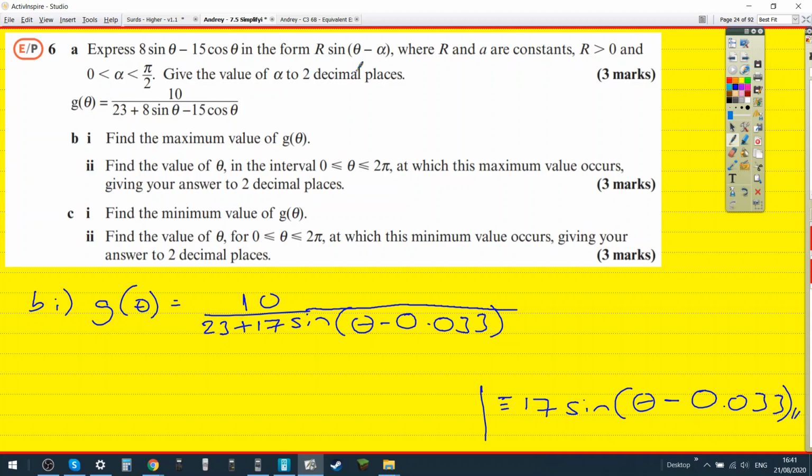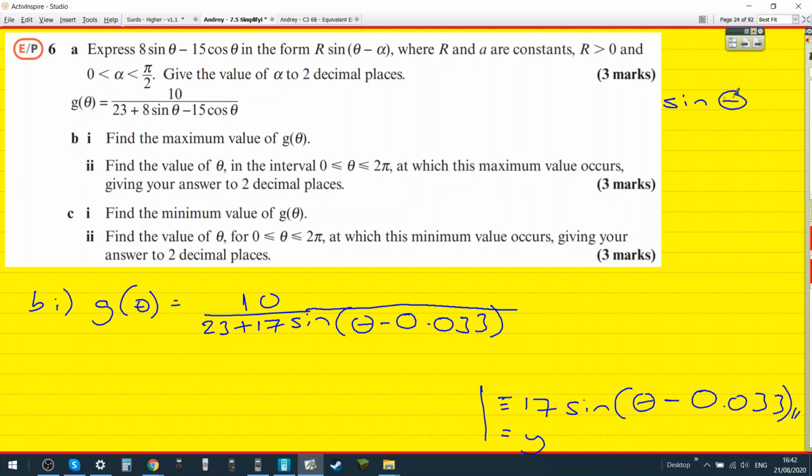What is the maximum y? Maximum output. Could I just keep on subbing in answers to theta to find out what the max would be? It's one way to do it.